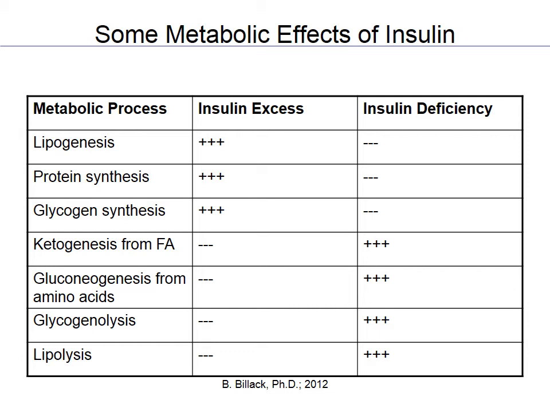And so in the deficient patient, ketogenesis from fatty acids is way up, gluconeogenesis from amino acids is way up, glycogenolysis is way up, and lipolysis is way up. And all of these are contributing to just the body making even more sugar, putting more sugar into the blood.